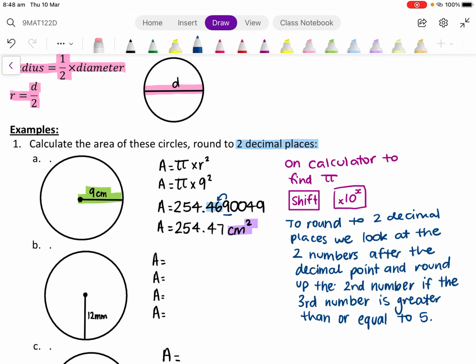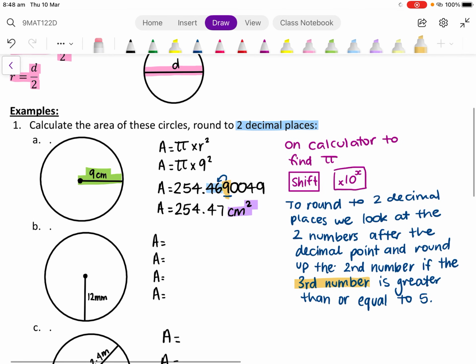If that third number, which I will do in orange, is greater than or equal to 5, we round up the second number.